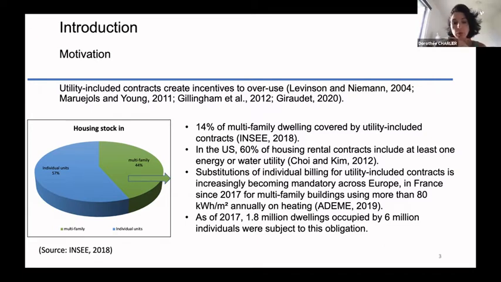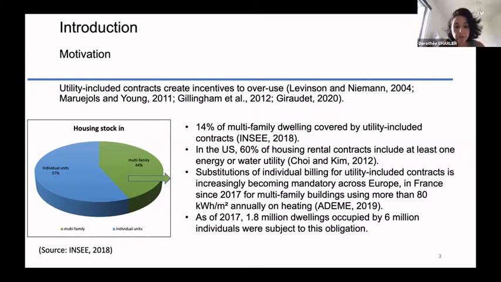That is to say, we have only one type of intake system, the central heating system for the whole building. Moreover, we have different types of utility contracts in France. It's possible to have individual billing, or it's also possible to have collective billing, where the price signal for each household is not very clear.